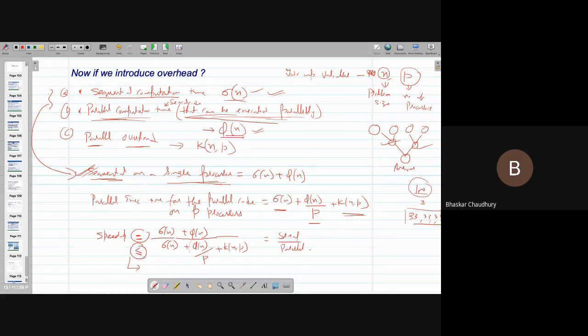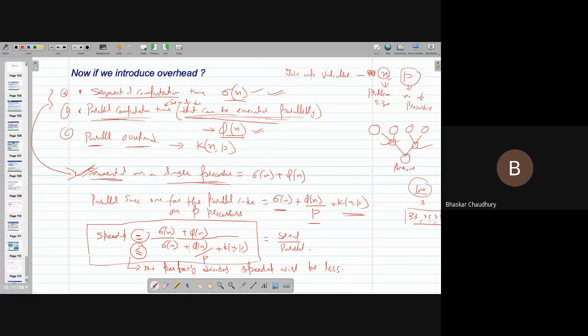Let me write it down. If it is not perfectly divided, then speed up will be less. So the summary is I have to go ahead with this formula now, and then we can see something very interesting. Let me once again repeat it.